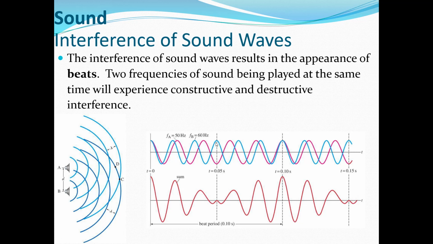So here, the 60 hertz will be hitting a crest when the 50 hertz is hitting its trough. So they start completely in phase, but by the time they hit this moment, they're in complete opposite phases. They're out of phase.